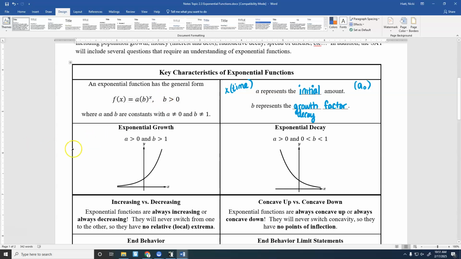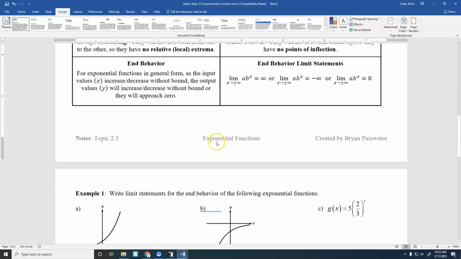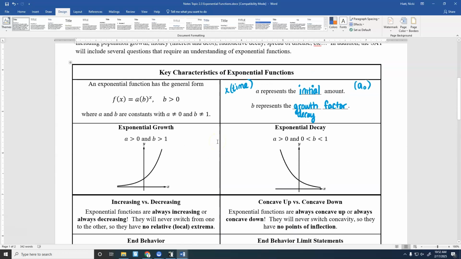Exponential growth versus exponential decay. So if you have exponential growth, then your A value is positive. So your starting amount is positive, and your B value is greater than 1. And I don't think he puts this on here, so let's write it right here. I hope it lets me because this is a table.